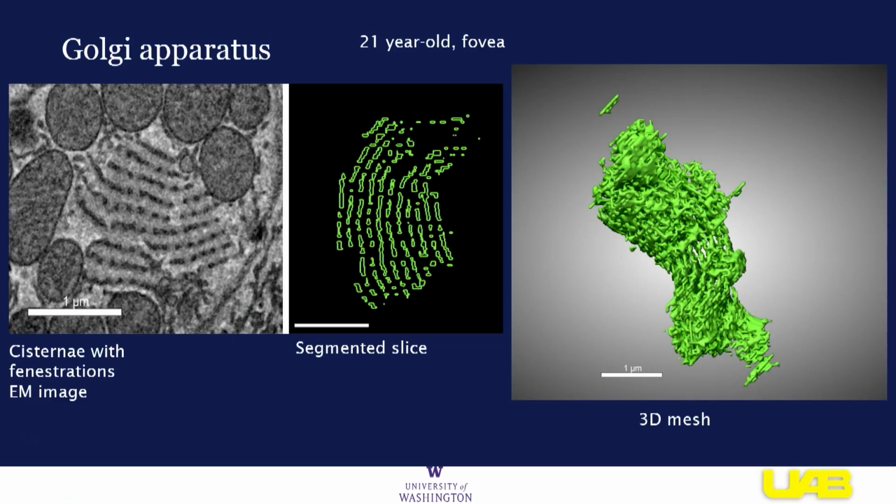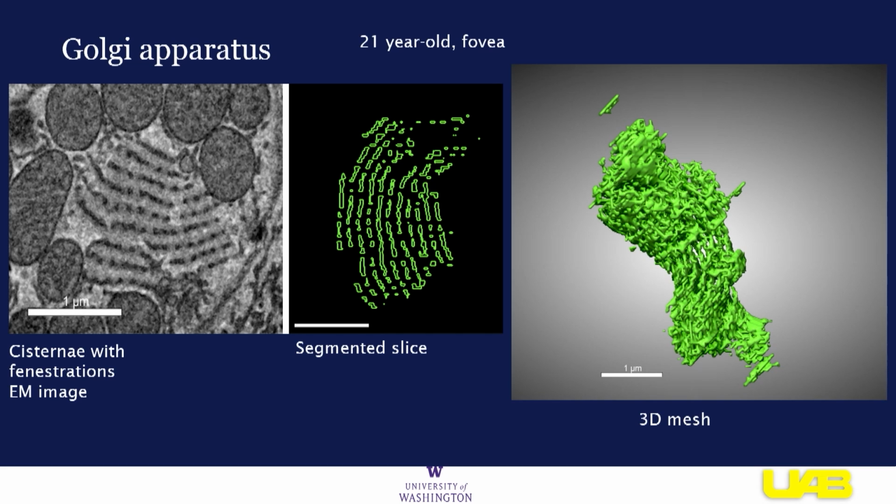And continuing with a different sample, this is a Golgi apparatus from the 21-year-old fovea, which is a slightly different region in the retina. Unfortunately, the collection materials for this block face imaging weren't always the same. So this sample looks quite different. The organelles, some are better preserved, some are not quite as nice.